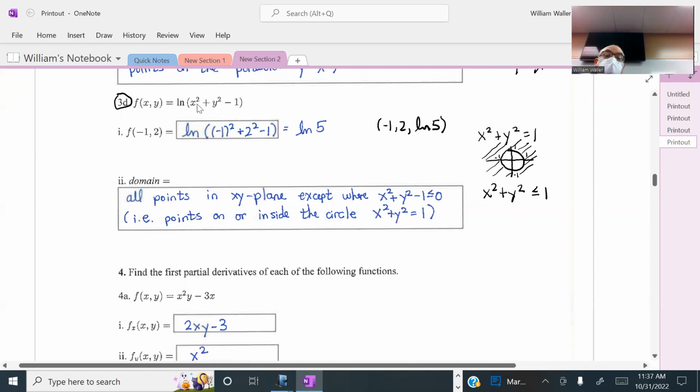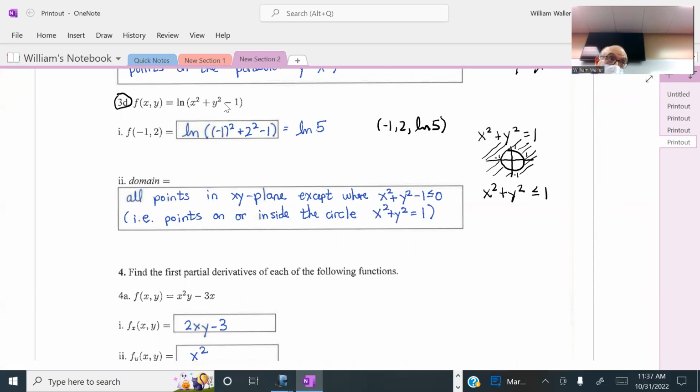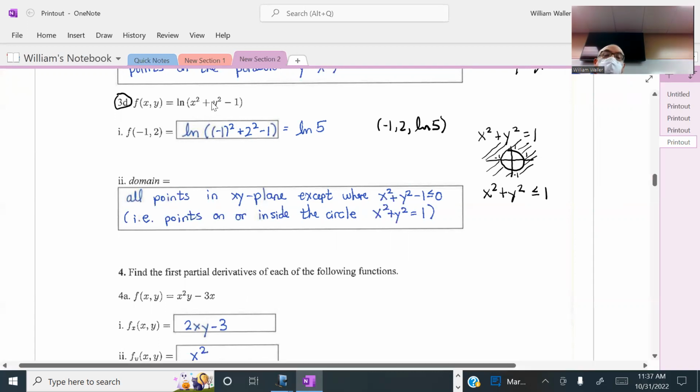To make a long story short, remember, the domain of a natural log is restricted. You can only compute natural log of positive numbers, so not negative and not 0. So you have to make sure that the expression inside the natural log, x squared plus y squared minus 1, is not negative or 0.